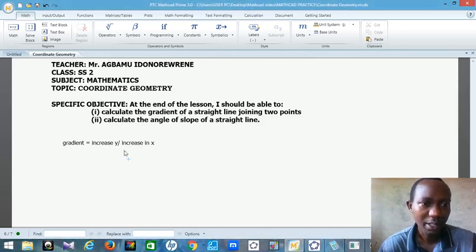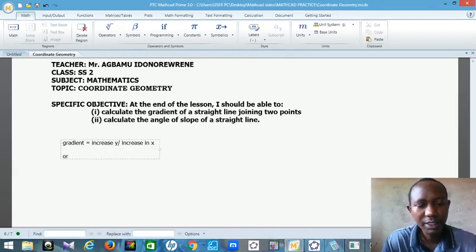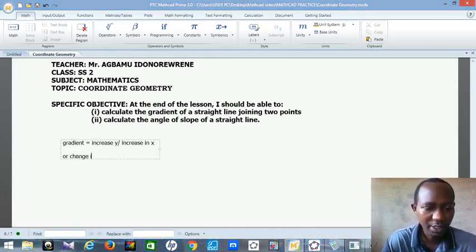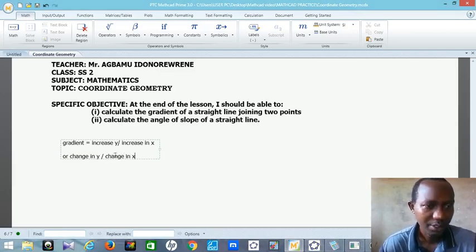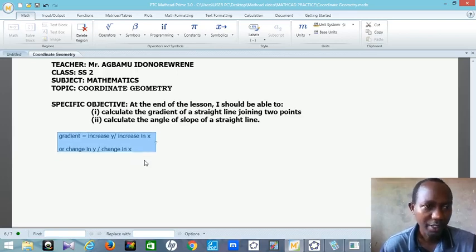Increase in y divided by increase in x, or some people can call it changing, or they can say change in y divided by change in x. So these are the two statements most people use for gradient.